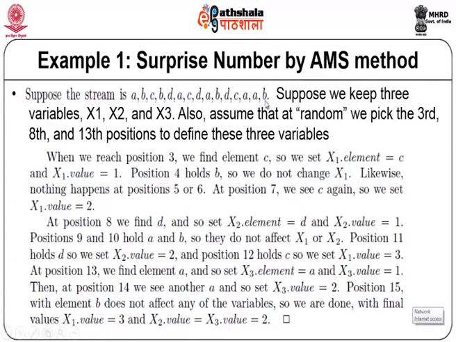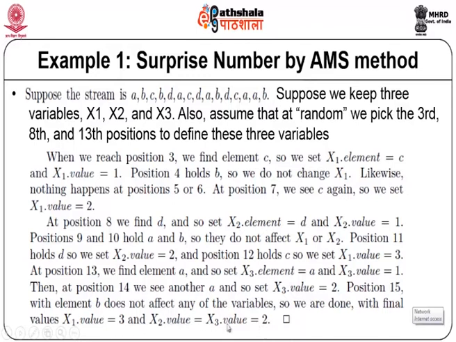At position 15 we encounter element b, which does not affect any of the variables because x1 represents c, x2 represents d and x3 represents a. So, finally, the values for these three variables x1, x2 and x3 will be equal to 3, 2 and 2 respectively.